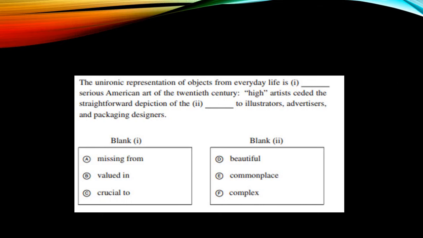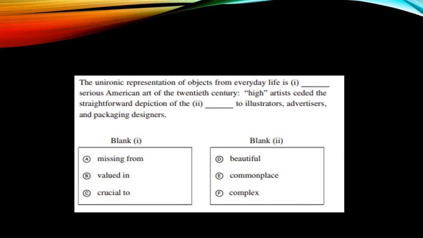Okay, so depiction of the, I'm looking for a word like everyday life, objects from everyday life. So depiction of objects from everyday life. Now let us fill this blank with a word like everyday life, objects from everyday life. Okay, so do you recall what I had taught you in the initial few lectures?